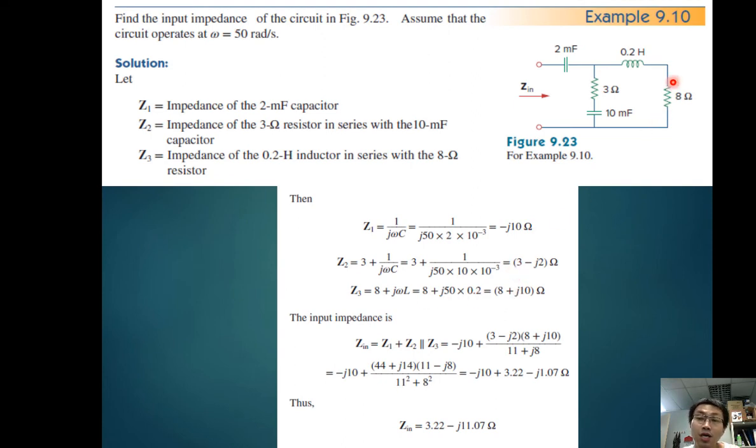So the impedance here, I need to combine this one and this one. These two are in parallel. So as an easy way, Z1 plus Z2 in parallel with Z3. When parallel, I use this one times this one divided by the total of this one. Then I found this one.